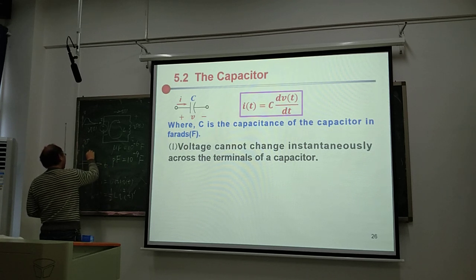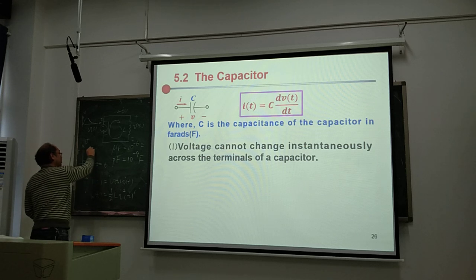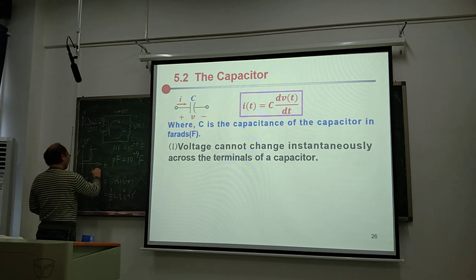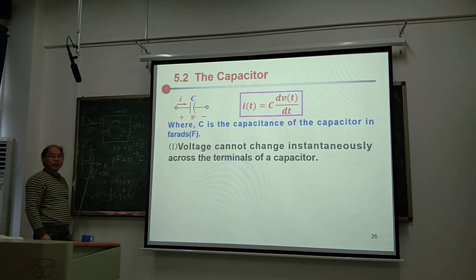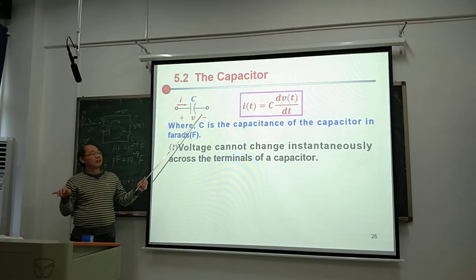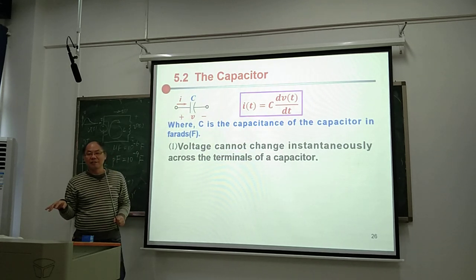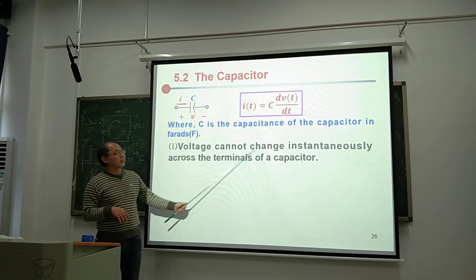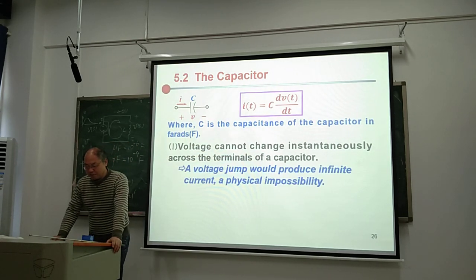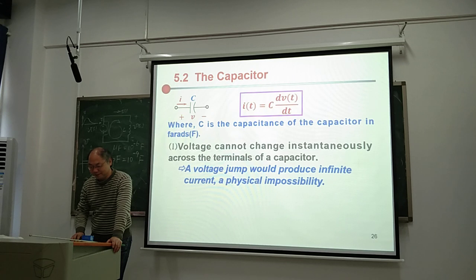At this time dv/dt equals infinity, so this means the current into the capacitor is infinity. That's important, right? So a voltage jump would produce infinite current, which is basically impossible.